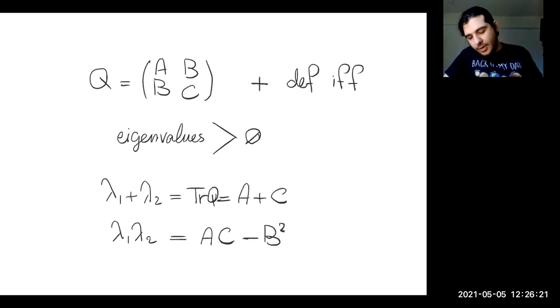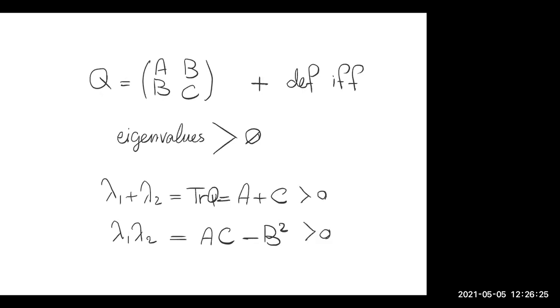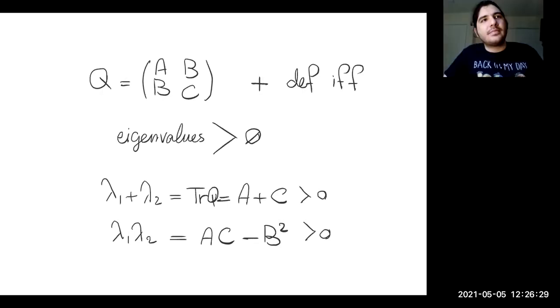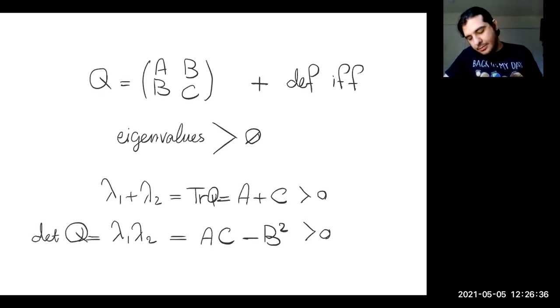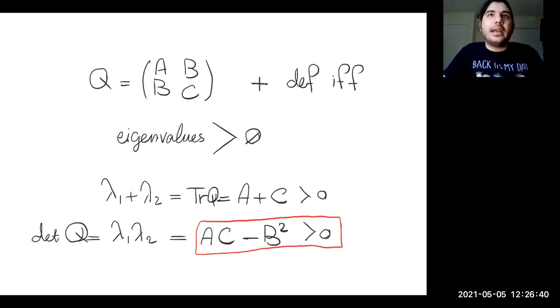So these should be positive. Yes, the product of eigenvalues is the determinant. This is the determinant of Q. And we got this equation, and we saw that A and C should be positive, so their sum, of course, should be also positive.